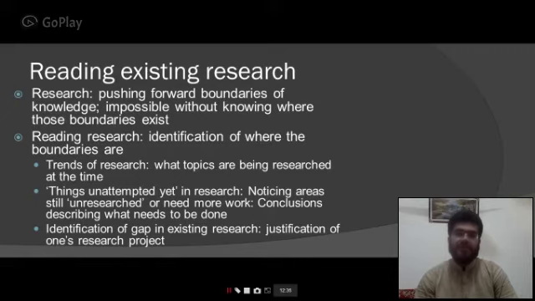Secondly, after reading, you will be able to identify certain gaps or the scope of a kind of work that is required in that field.